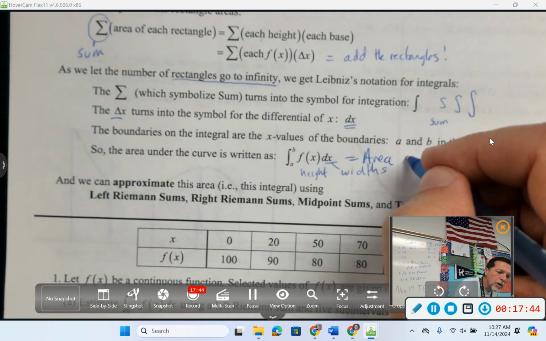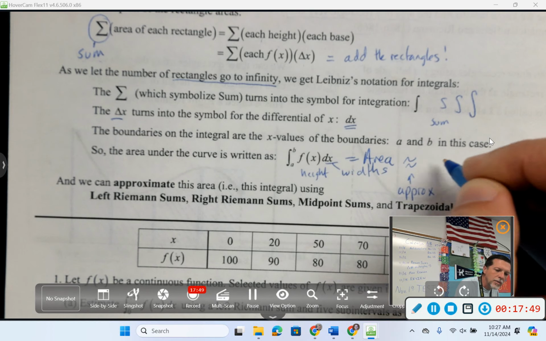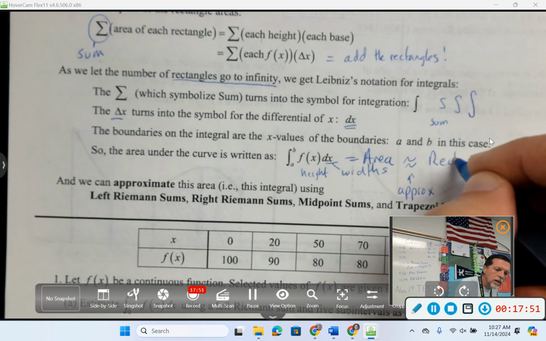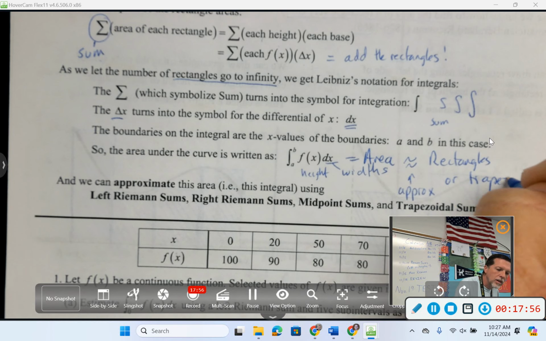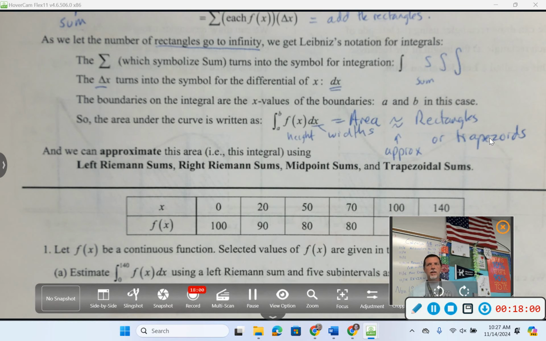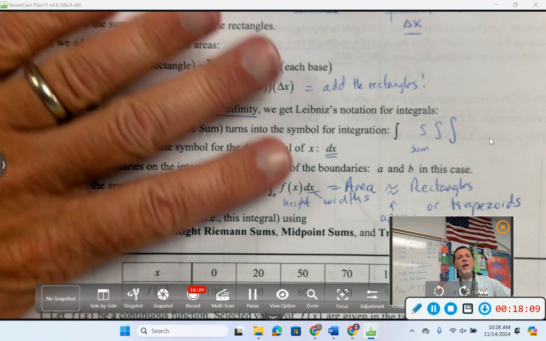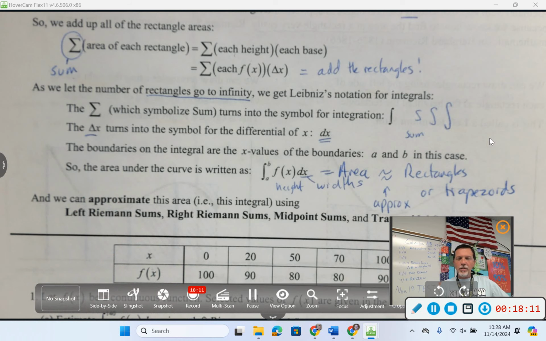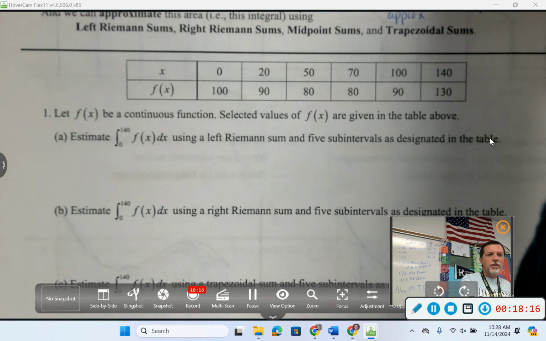And we're going to approximate it, so not exactly equal to, we'll approximate it with rectangles or trapezoids. Okay, so we started with just add the rectangles or trapezoids. We get into some fancy notation stuff here. Now we come back to the end of it and we're like, yeah, but really all we're doing is adding up rectangles or trapezoids. So let's do some examples.